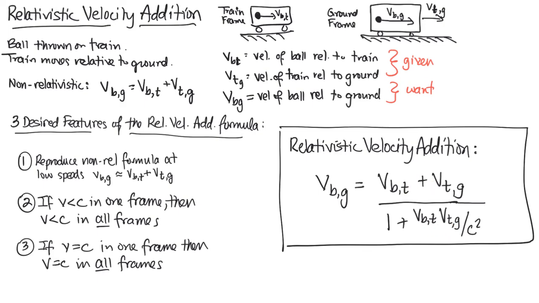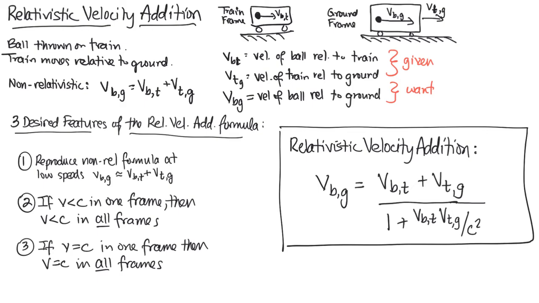Well, the first thing to notice is that the numerator here is the non-relativistic velocity addition formula. And so our desired feature number one is basically saying that at low speeds, we need this denominator to equal 1.